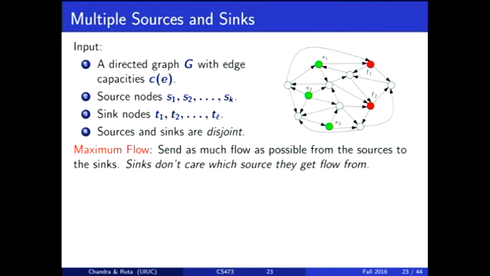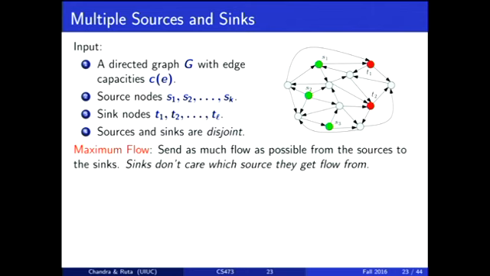So can we solve this problem using our standard network flow problem? I now have multiple green guys, multiple red guys. Maybe the first thing to understand is, what is the formal definition of maximum flow when I have multiple sources and sinks?